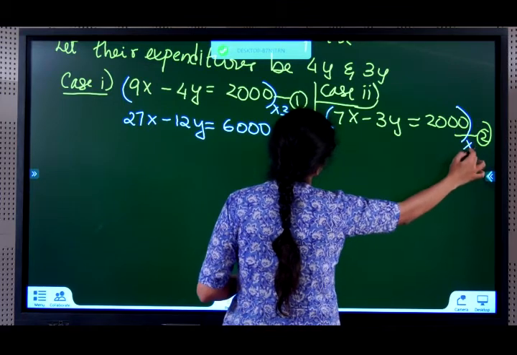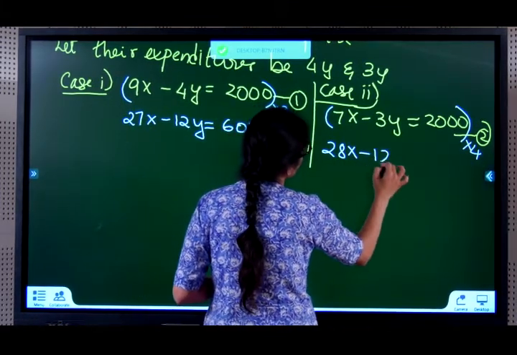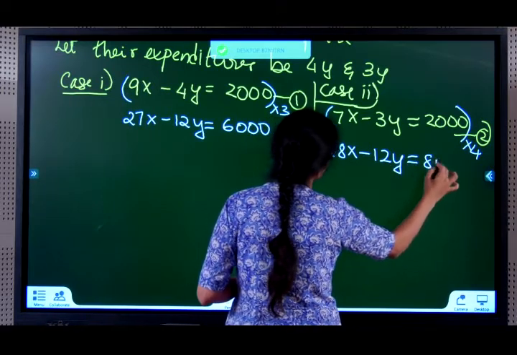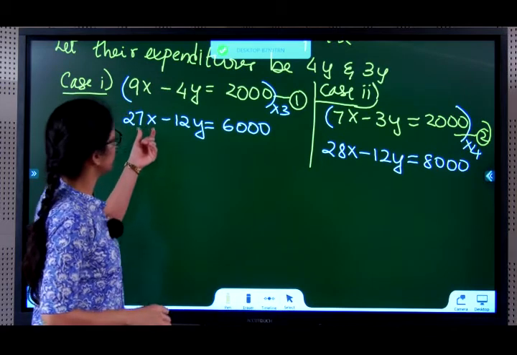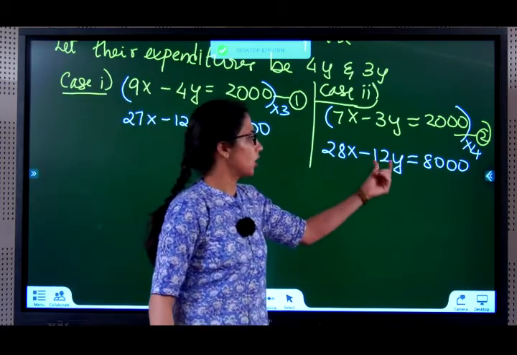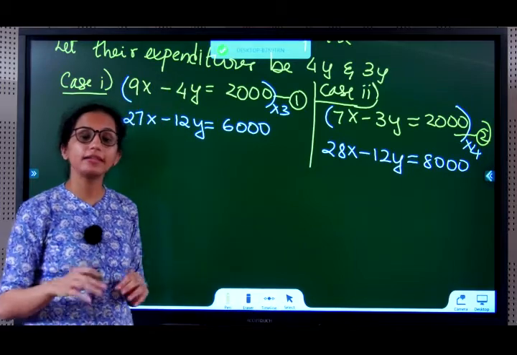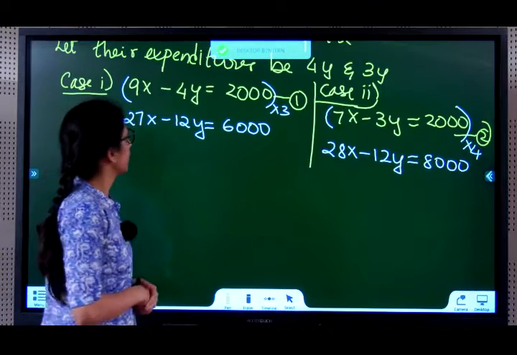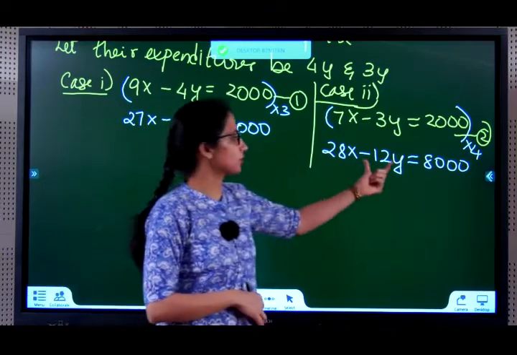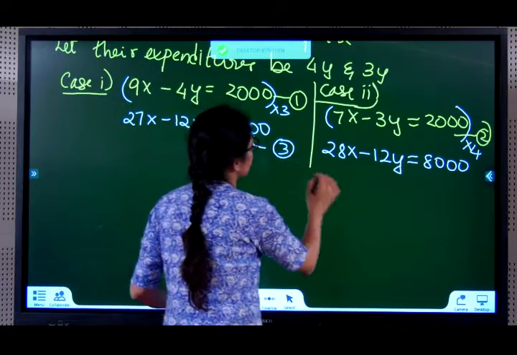You multiply this with 4. 28x minus 12y is equal to 8000. Now this is 12, this is 12. You have to add or subtract them depending on the sign such that the variable vanishes, eliminates, gets removed. This is minus 12y, this is also minus 12y. Let's call this 3 and let's call this 4.